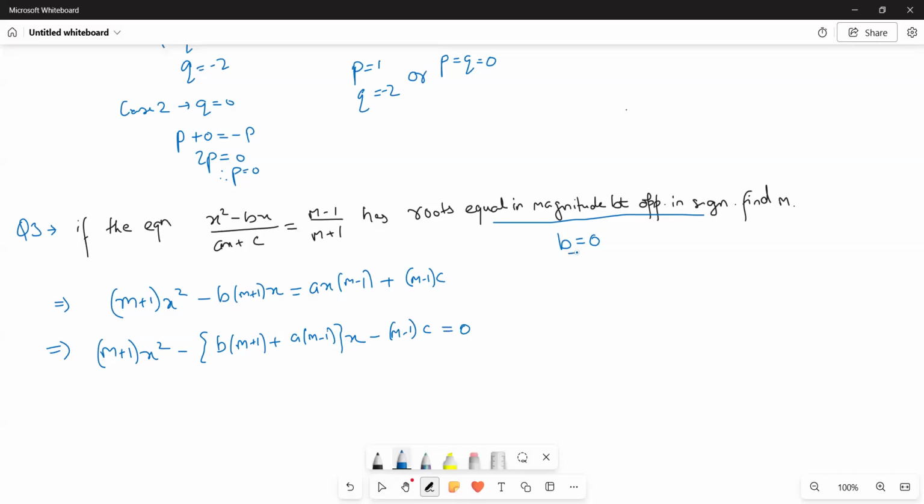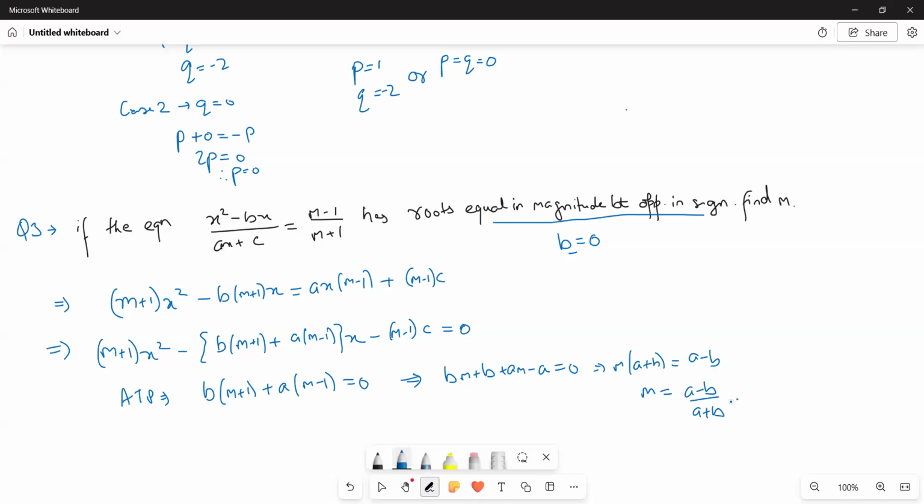And since we want b of the quadratic to be 0, according to the problem, b times m plus 1 plus a times m minus 1 is equal to 0. Now from this, try finding m. So bm plus b plus am minus a is equal to 0, or that will be like m times a plus b is equal to a minus b. So the value of m is a minus b by a plus b.